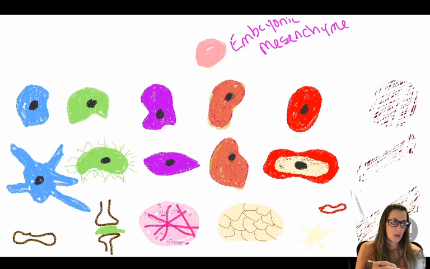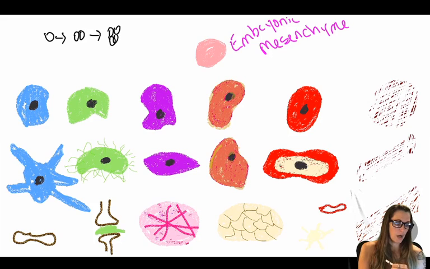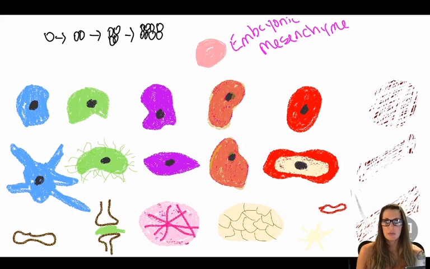You start out with 1, then we divide and go to 2, then 4, and you get it. Eventually we've got thousands of cells, then hundreds of thousands, then millions of cells.